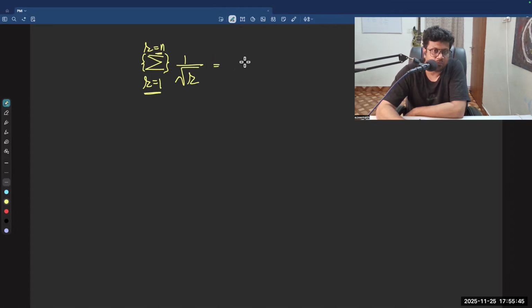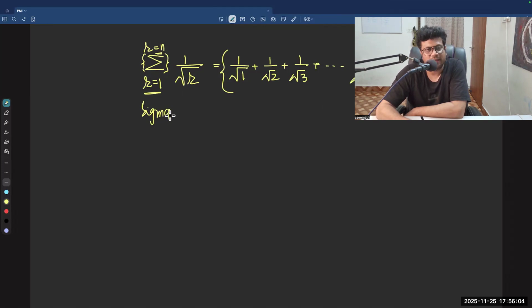The compressed form of 1 divided by root 1 plus 1 divided by root 2 plus 1 divided by root 3 till you reach 1 divided by root n. That's what it means. So writing this whole thing in math, we use the summation function, or the sigma function, to denote that. That's the sum of all these terms starting from 1 and going to n. So you start from 1, go to n, add all 1 by root r terms.